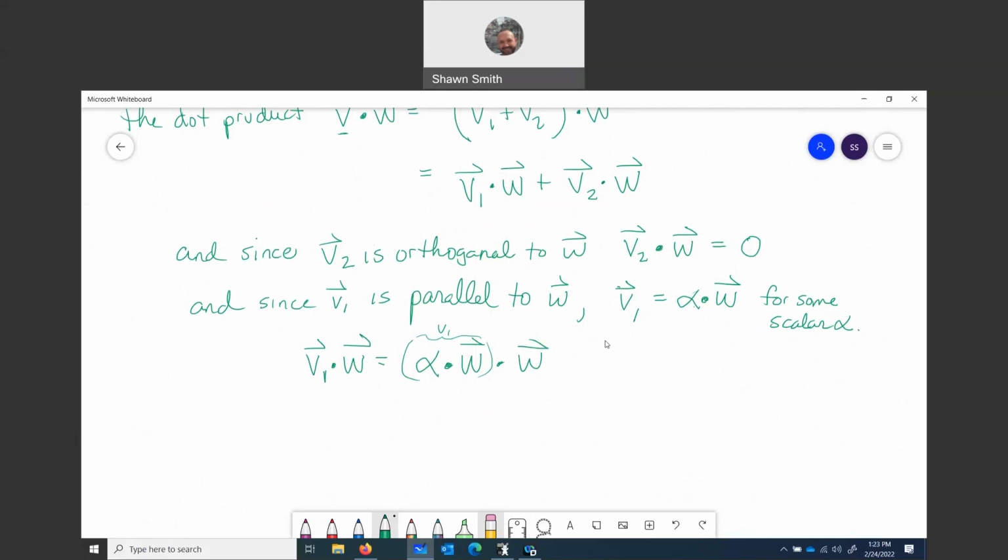We saw that one earlier too, if you recall. So this is alpha times the magnitude of W squared. If we solve this for alpha, alpha is V dotted with W over the magnitude of W squared.